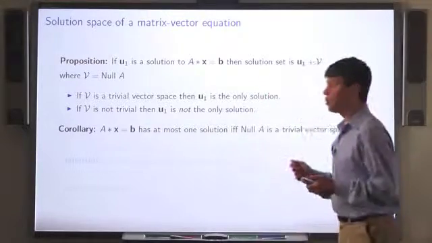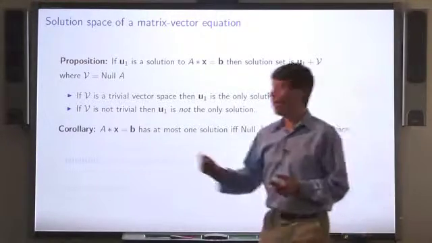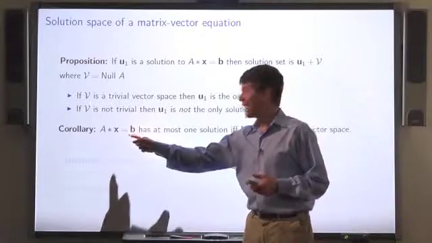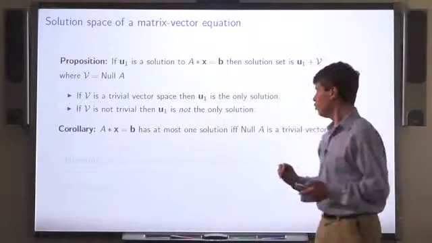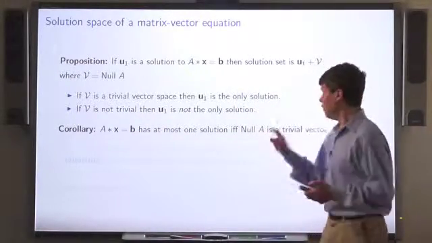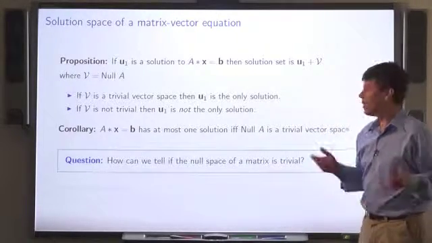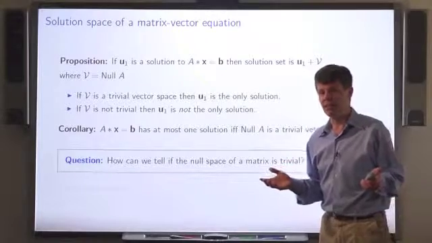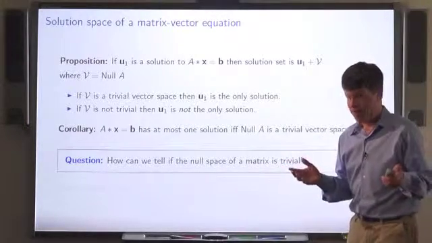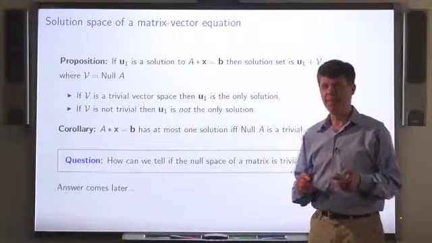So as a consequence, we get that the matrix equation A times x equals B has at most one solution if and only if the null space of A is a trivial vector space. Now, how can we tell if the null space of a matrix is a trivial vector space? The answer to that will have to wait.